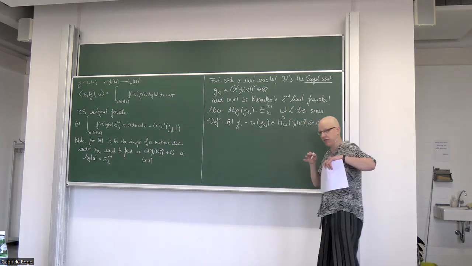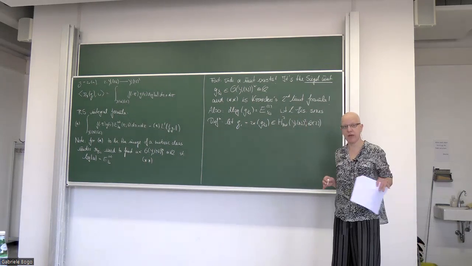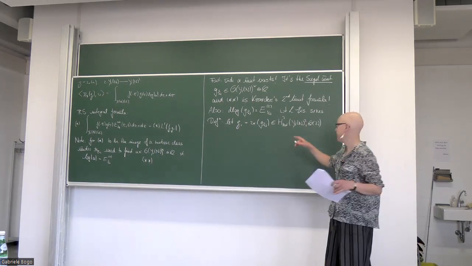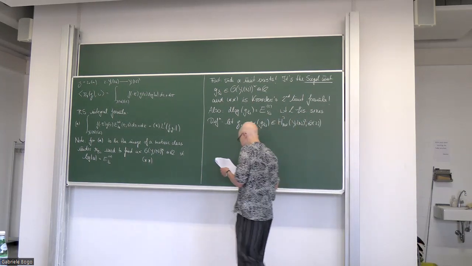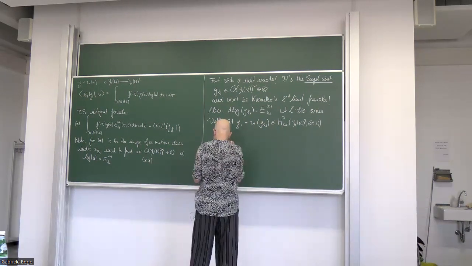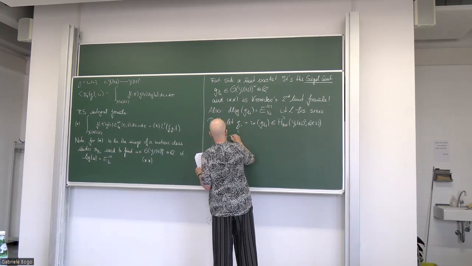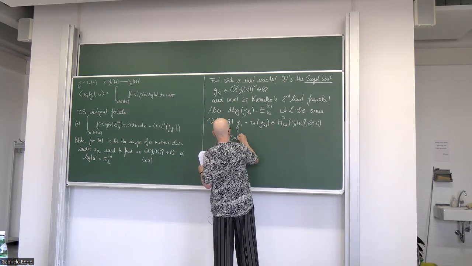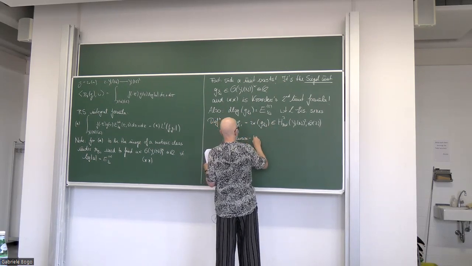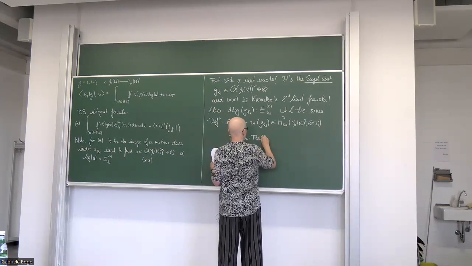That just comes from the properties of pushforward maps in motivic cohomology, where you have the shift in degrees and twists. This we call the Beilinson-Flach element.